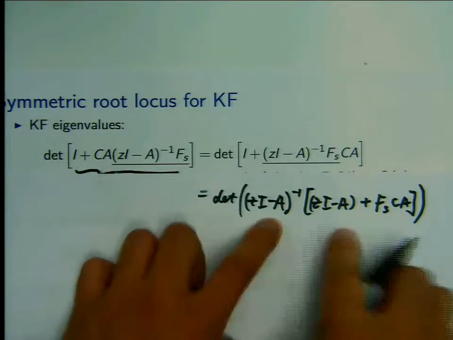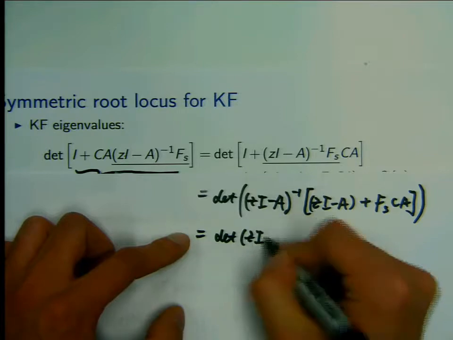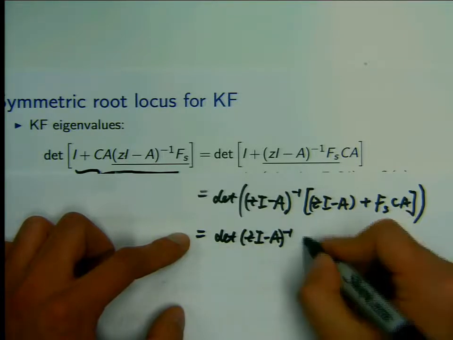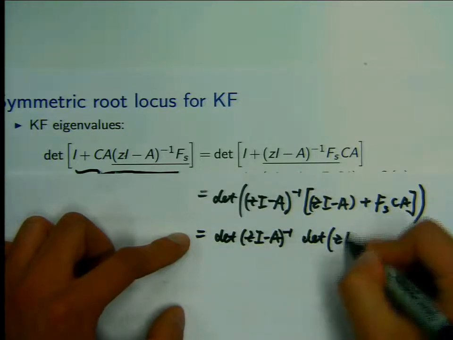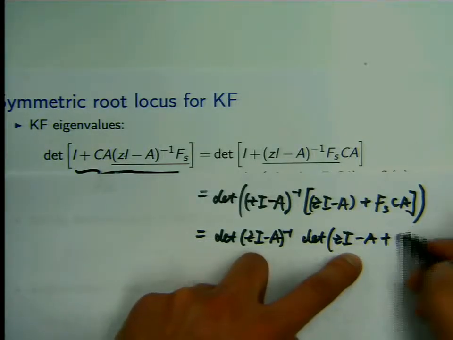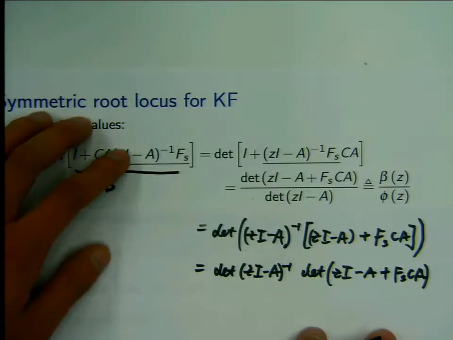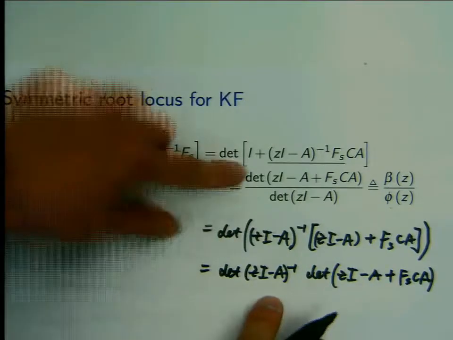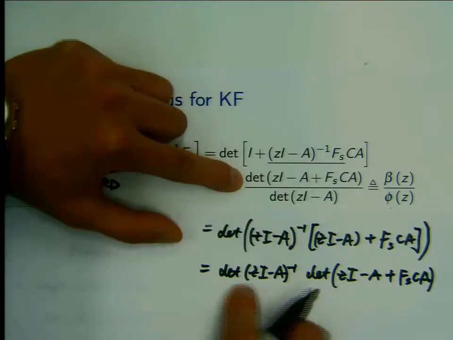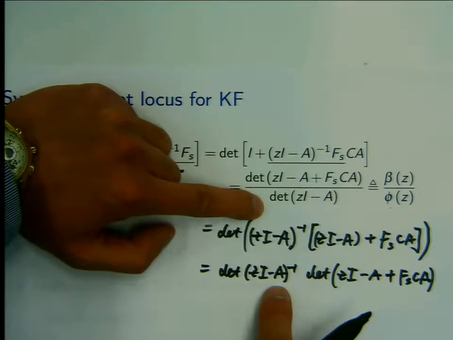Because it's a product between these two, it equals the determinant of (zI minus A) inverse times the determinant of (zI minus A plus FSCA). Because the determinant of the inverse matrix equals 1 divided by the determinant of this matrix.